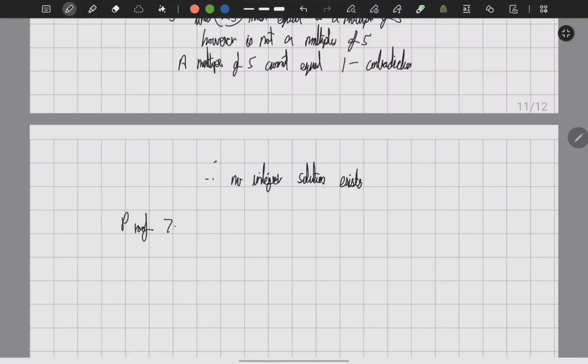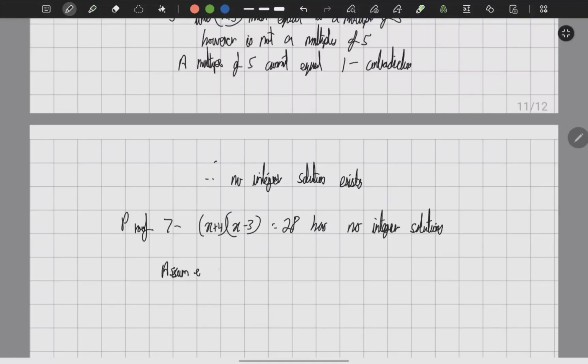So proof 7. So now we have a quadratic. Proof by contradiction: (x plus 4)(x minus 3) equals 28 has no integer solutions. Okay, so first of all, we assume the opposite.